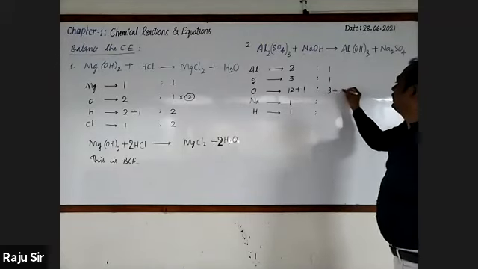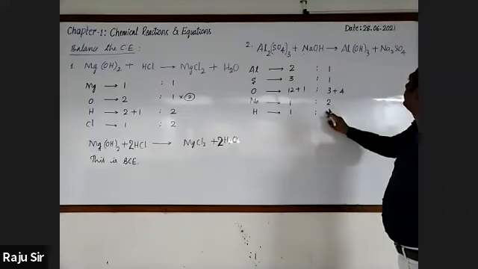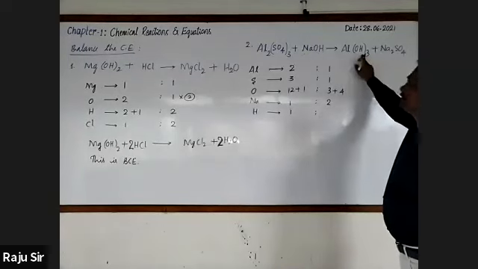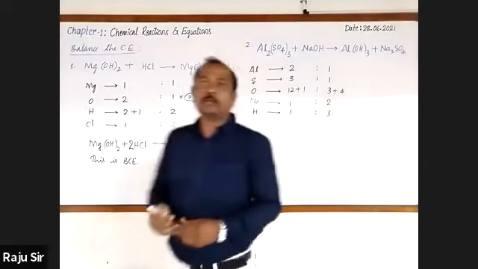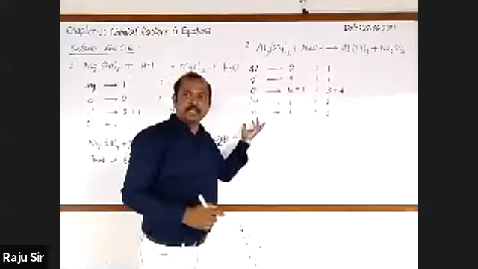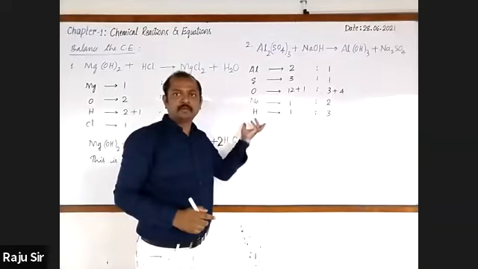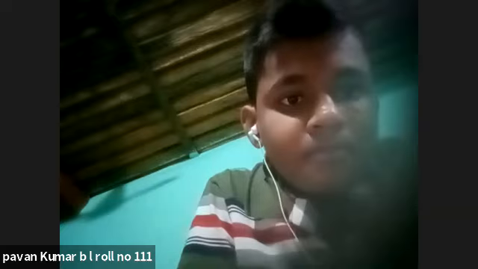Next, sodium has 2 atoms and hydrogen on the right hand side, 3. Now, which element can be considered for balancing? Hydrogen? Aluminium, sulfur, sodium, hydrogen has maximum 3 atoms.